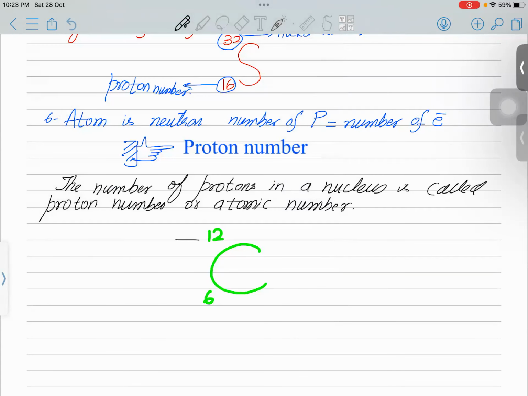So this 12 indicates mass number, which means proton plus neutron number. And this 6 indicates proton number.